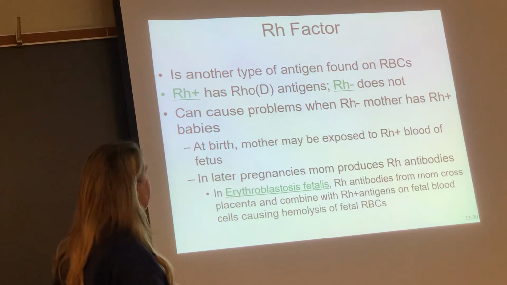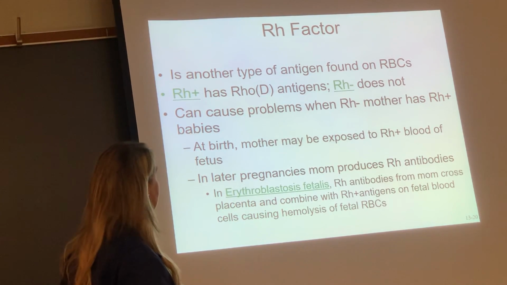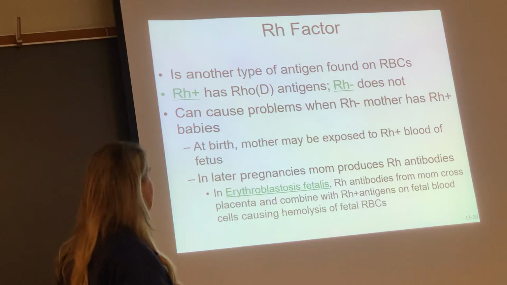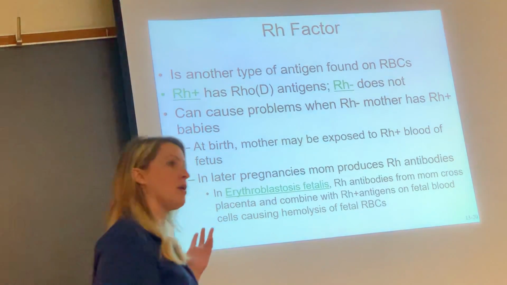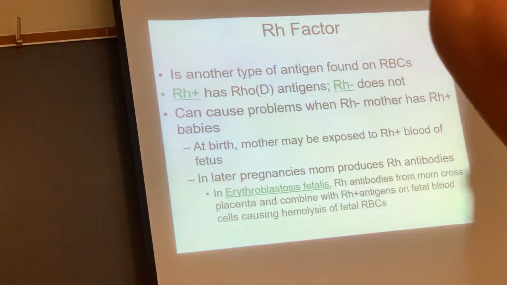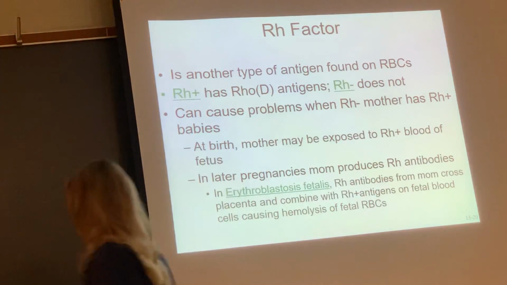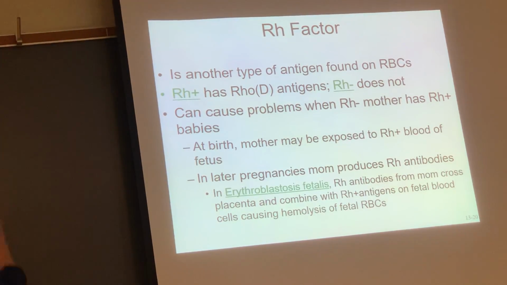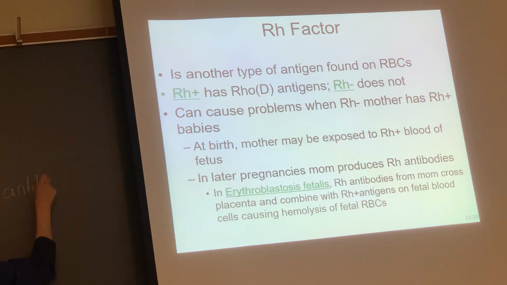It says RH plus blood would never have RH antibodies. Where is it? It's up there. RH plus blood would never have RH antibodies. Yeah. That's what I was going to write initially, and it just looked wrong. Okay, so RH positive makes no antibodies.